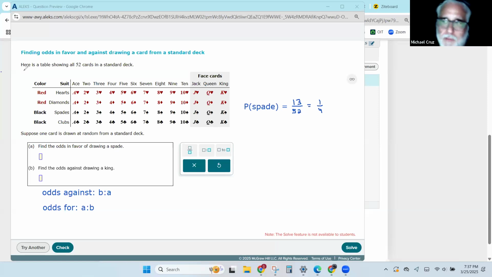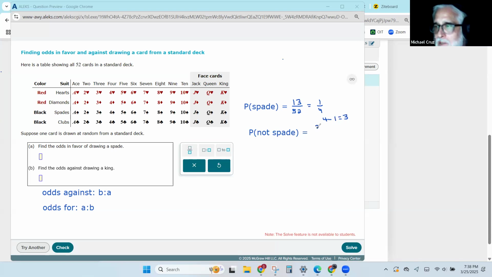All right. So here's the part where people get hung up. So pay attention. We need the probability of not spade. We could go through there and figure out all the ones that are not spade, and then it would be something we have to simplify, but we can do it the easy way using the complement rule. So 4 minus 1 is equal to 3.